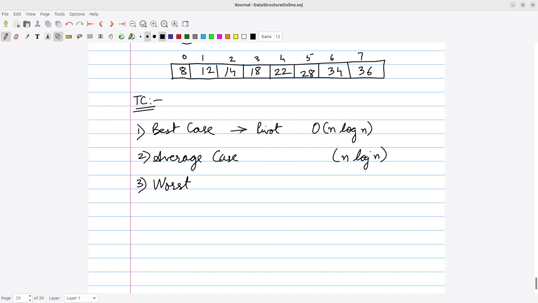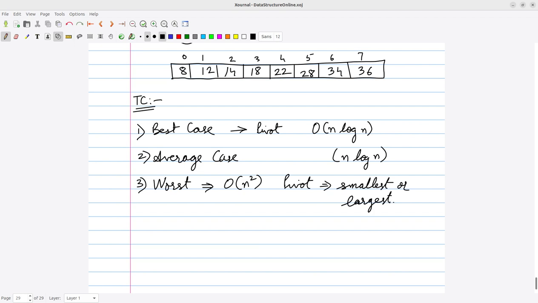Whereas the worst case is the same as the worst case of the bubble sort algorithm, that is big O of n square. This will happen if we take the pivot element such that it is either the smallest or the largest in the list.